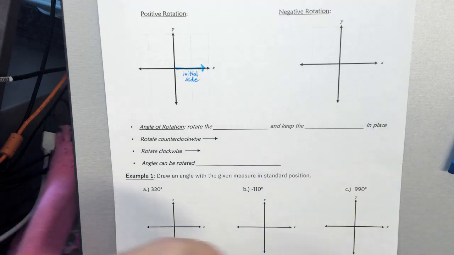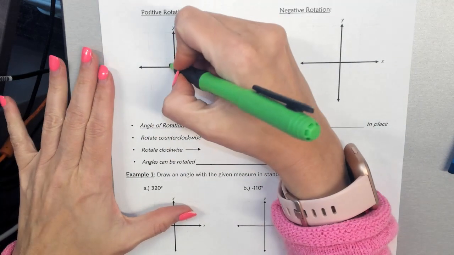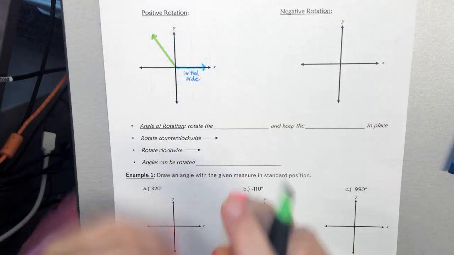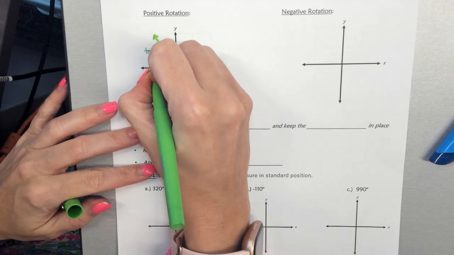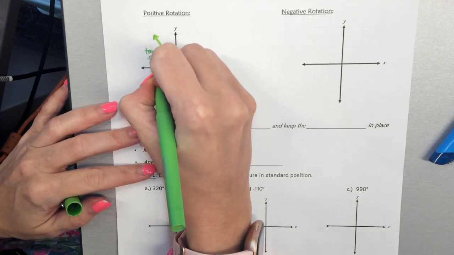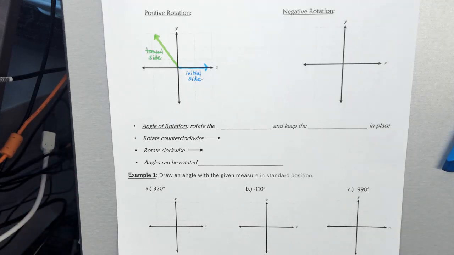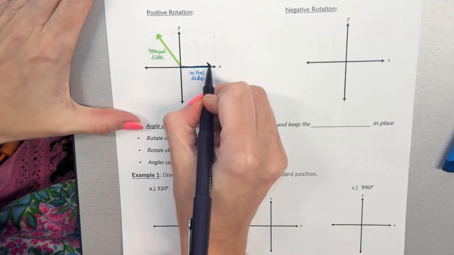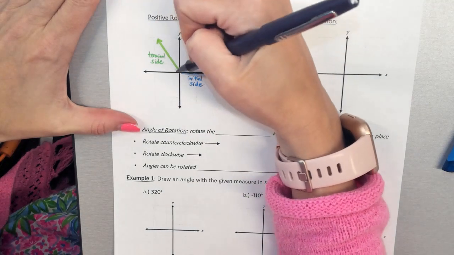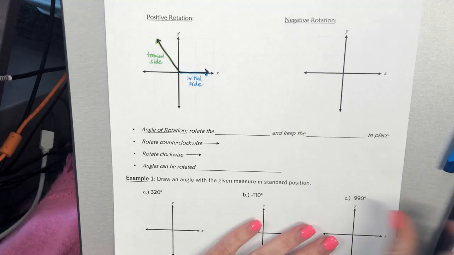And then the terminal side can be anywhere. I'm going to just put this in quadrant 2 for our original. This is called the terminal side. Your angle is always going to start where I have highlighted in blue, and then it is going to end where I have highlighted in green, but that space is going to change.